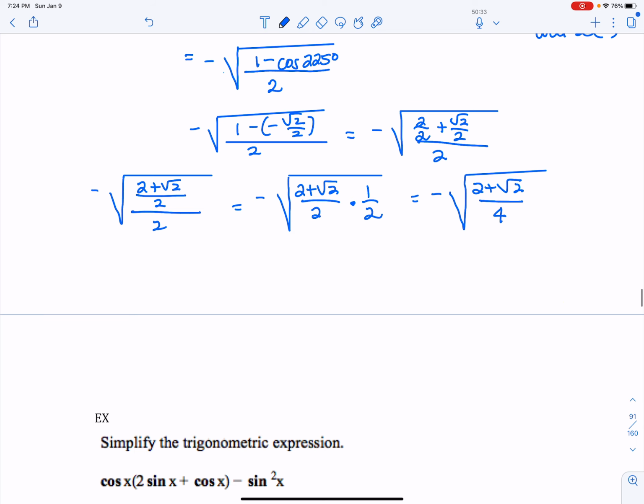Now rewriting this, so I have a radical in the numerator. The numerator is going to be 2 plus the square root of 2 all over the square root of 4.